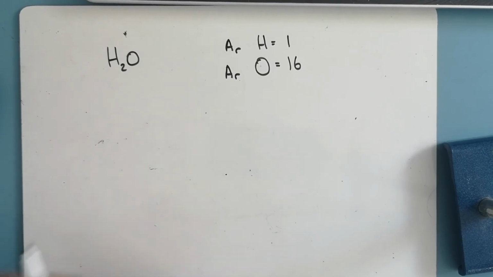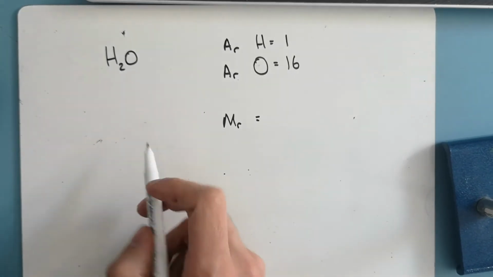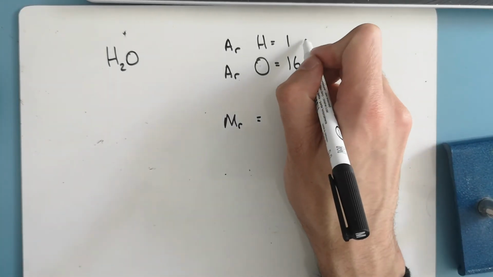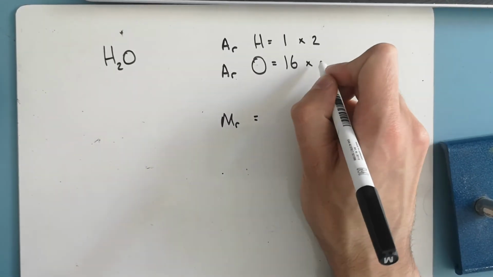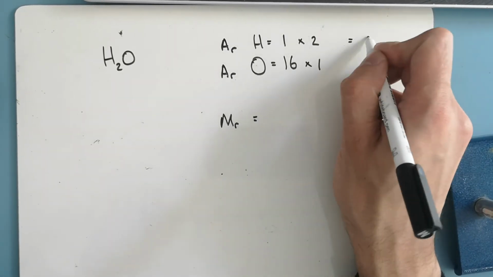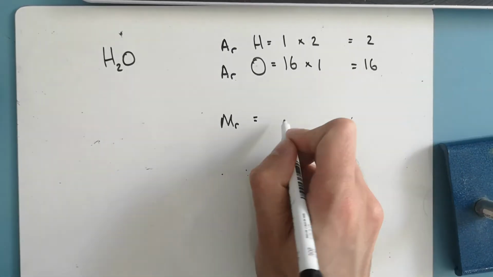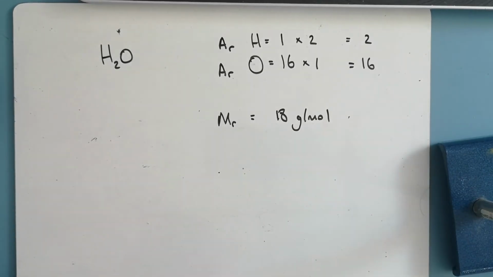And what we can work out from this is the relative molecular mass, which is described as Mr. So we have hydrogen times 2, because there's 2 of them in this molecule, and oxygen times 1, because there's only 1 oxygen. And so we get 2 plus 16 gives us an Mr of 18 grams per mole.